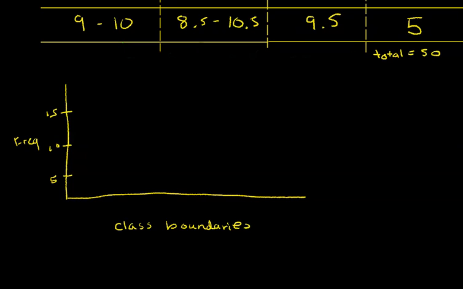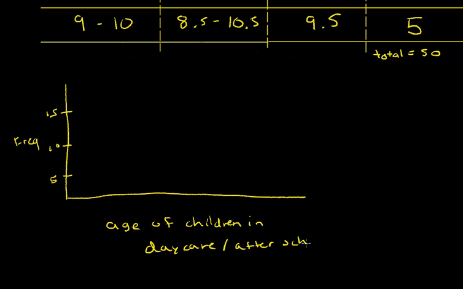We're going to use the class boundaries, but I shouldn't really label the x-axis that. Rather, I should label the x-axis what it is, which is the age of children in daycare / after school care.